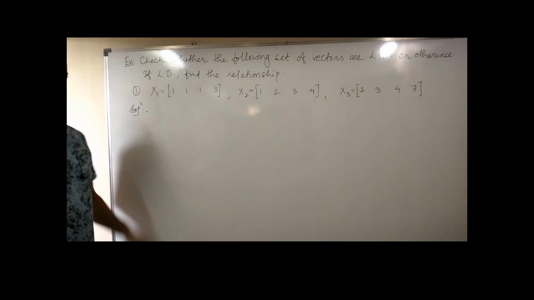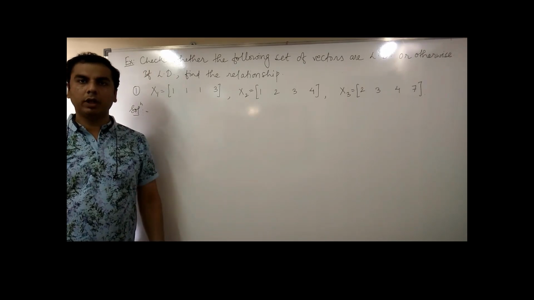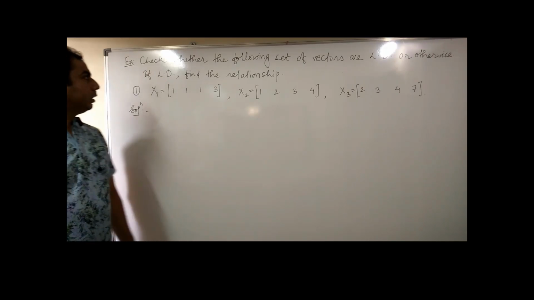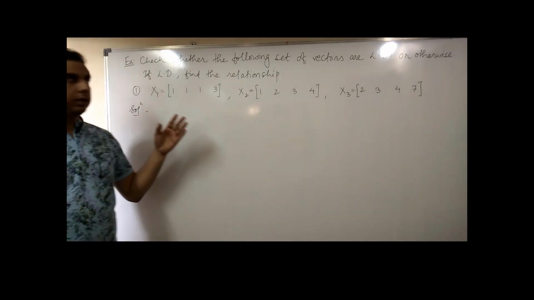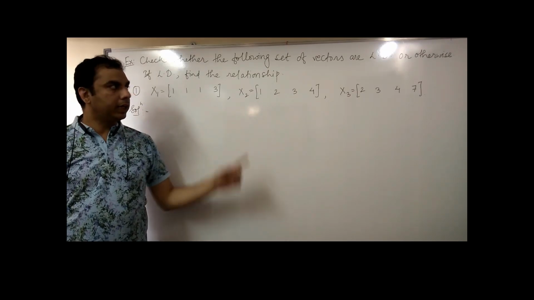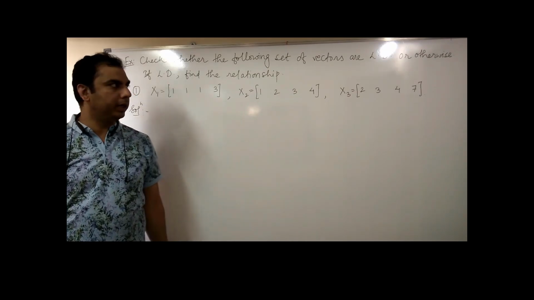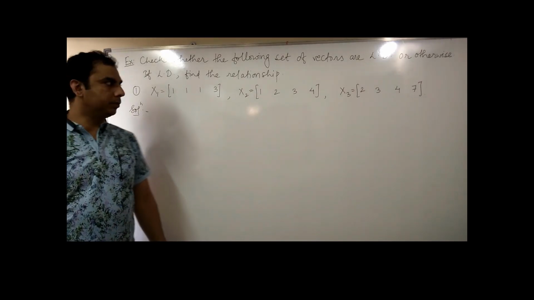So let us consider our first example. The question is, check whether the following set of vectors are linearly dependent or otherwise. If linearly dependent, find the relationship. That means we have to check whether the set of vectors x1, x2, x3 are linearly dependent or linearly independent. And if they are linearly dependent, we have to find the relationship.